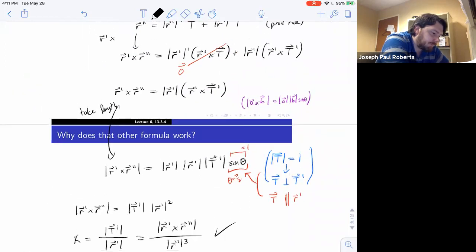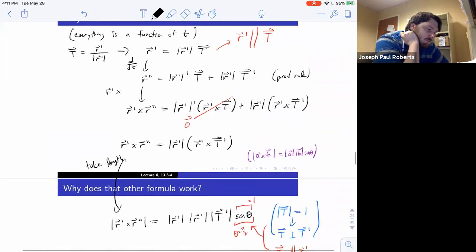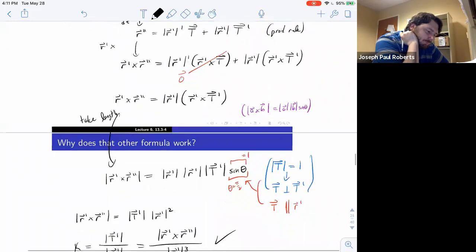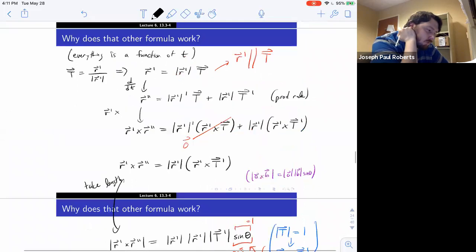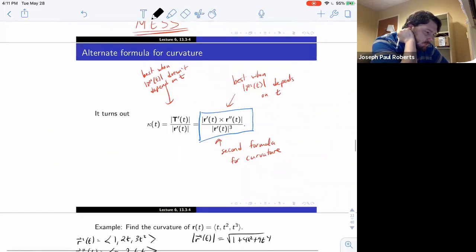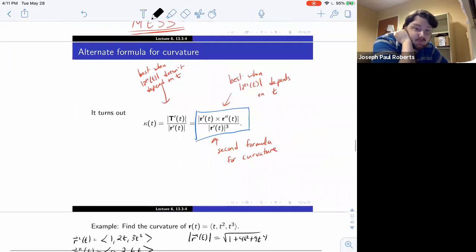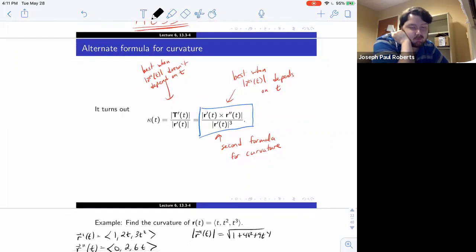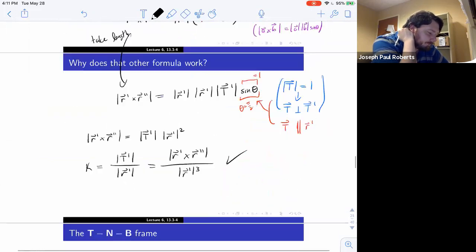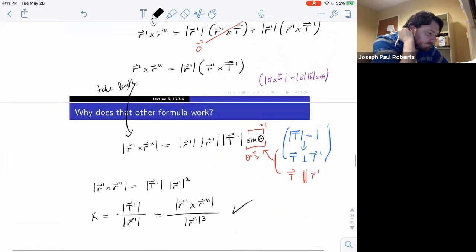So it's definitely understandable from the topics in this course. But like I've said before, the main thing I want to focus on is being able to use it. So as far as curvature goes, know both of these formulas, or like I said, you could just do the cross product one if you really want, and then be able to use them.